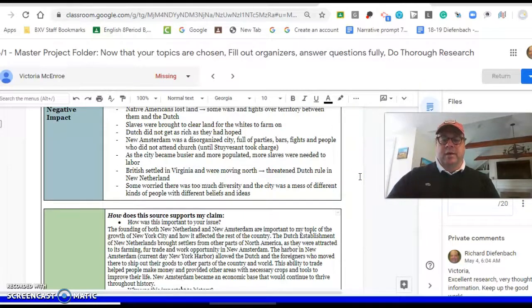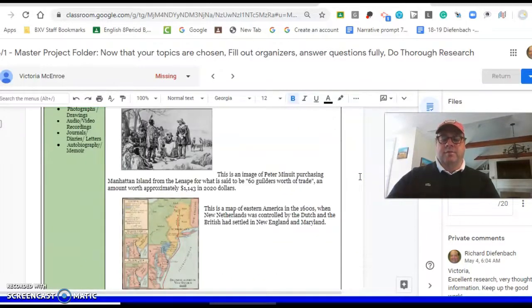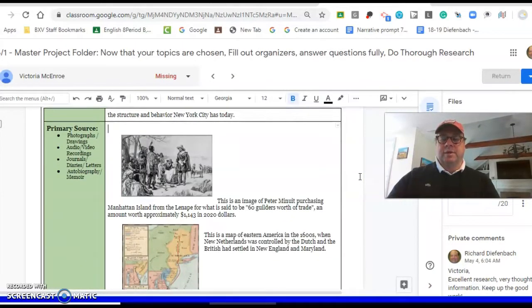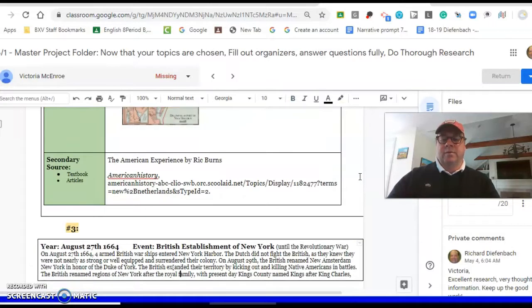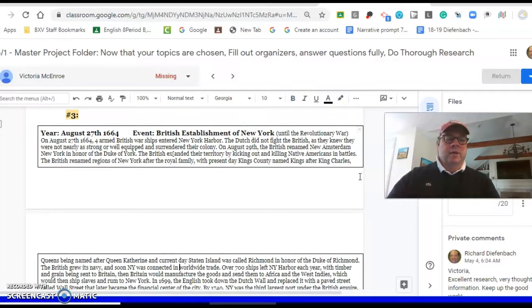So if you look down, let's go to the third one. She has maps here, which are really great primary sources. She has, again, another picture of an explorer meeting with the Native Americans. Maps are a great resource. Maps really help explain how history works and how the geographical area really impacts. Here's one on the British establishment of New York, which happened in the 1660s.